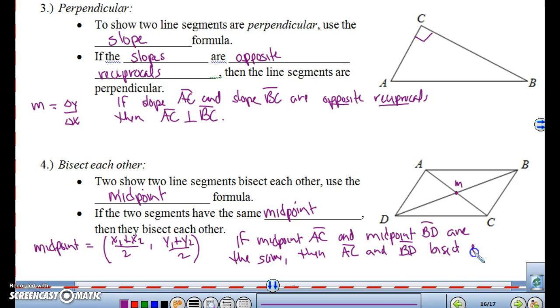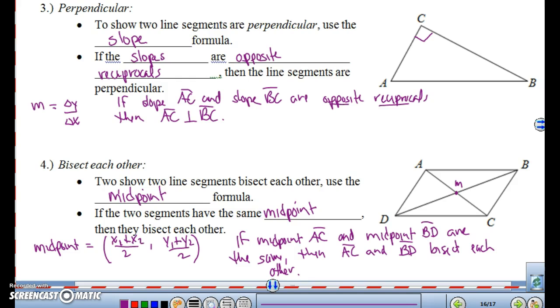So all you have to do is find the midpoint of each of the segments. And then if they do have the same midpoint, you can say those segments bisect each other. And that's what you have. So those are your four basic ways that we use our formulas. We have slope, we have distance, and we have midpoint, and they're all used in different ways.